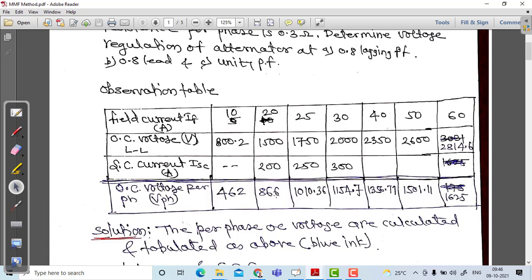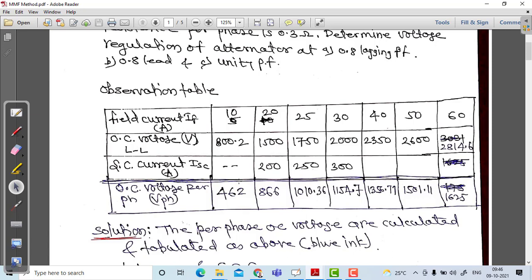Now here it is observed that the rating of the alternator is 2000 volt, and 30 ampere is required for the generation of the rated voltage. We have to find out the full load current, and later on we will decide.